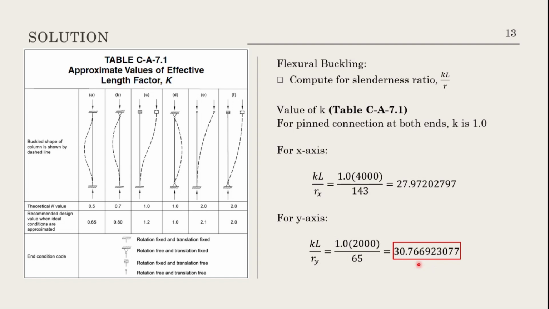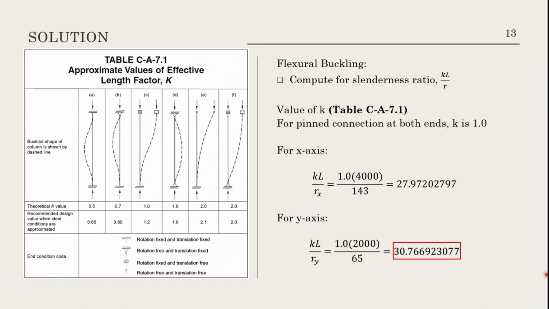So that is the governing slenderness ratio. And by the way, we are computing for the limit state flexural buckling, because for shapes having one axis of symmetry such as the T shape, we are solving for two limit states, if you remember that. We will solve for flexural buckling and also for flexural torsional buckling. We solve first for flexural buckling.